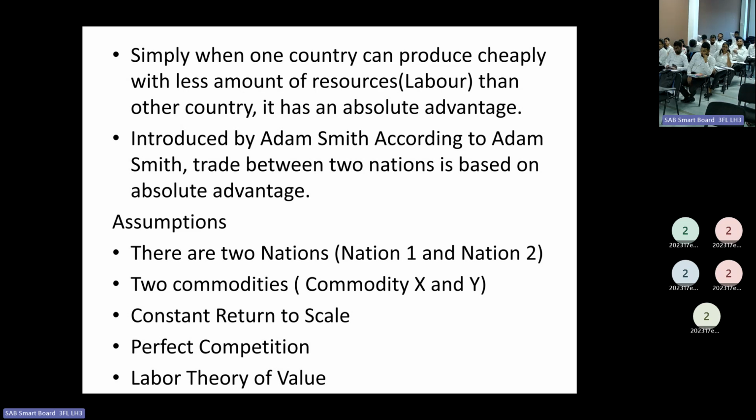Labor theory of value: the output mainly depends on labor, and that is explained by the labor theory of value.